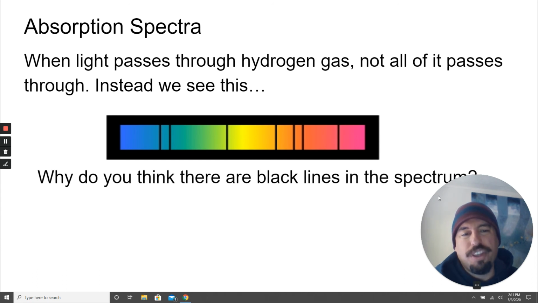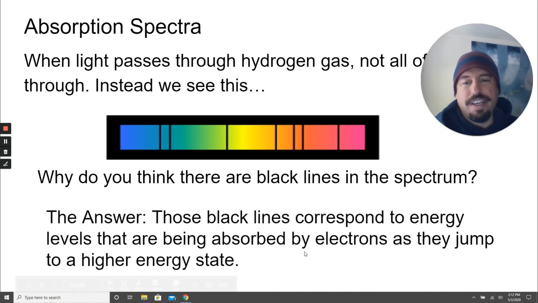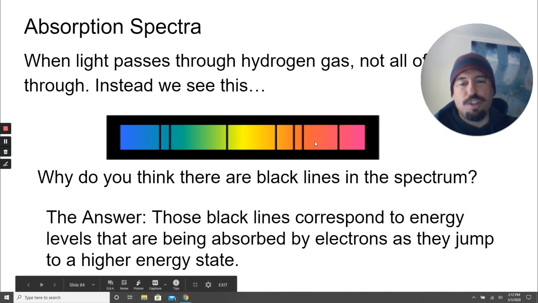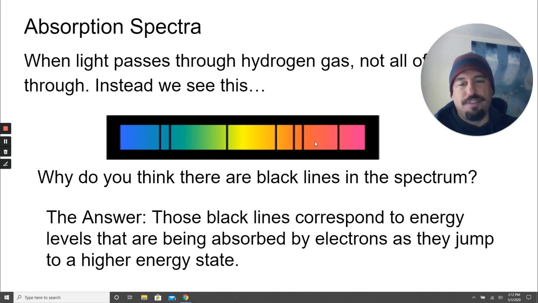Why do you think there are black lines in the spectrum? The reason we have these black lines is because these black lines correspond to the energy levels that are being absorbed by the electrons. So this is one of those states where we can't see the light because the electron took that light and went to a higher state.